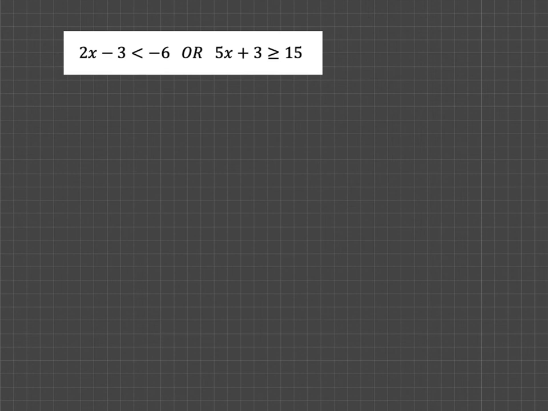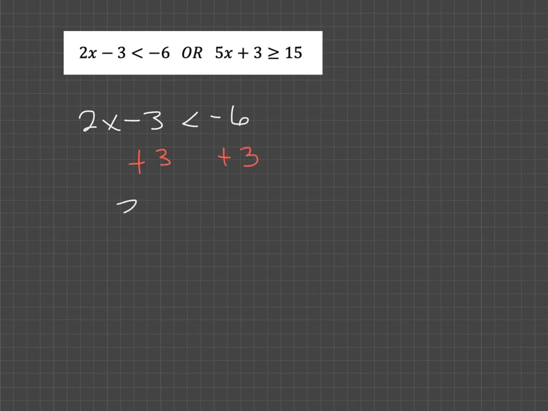Okay, for this one we have two things to solve. We want one of these two things to be true, 2x minus 3 to be less than negative 6, or 5x plus 3 to be greater than or equal to 15. We're just going to solve each of these separately. So 2x minus 3 less than negative 6. To get the 2x by itself, we add 3 to both sides.